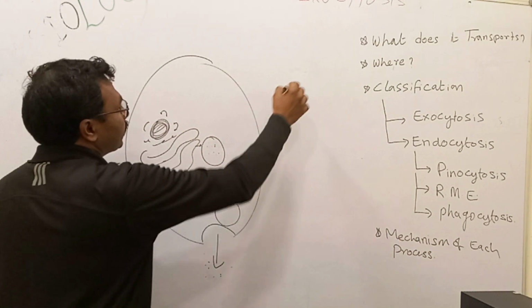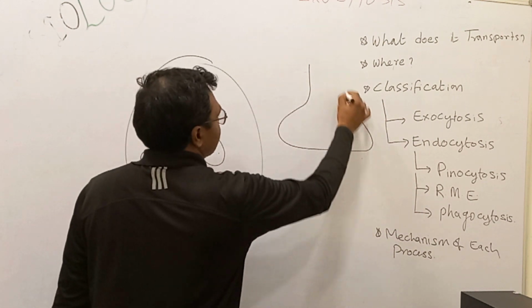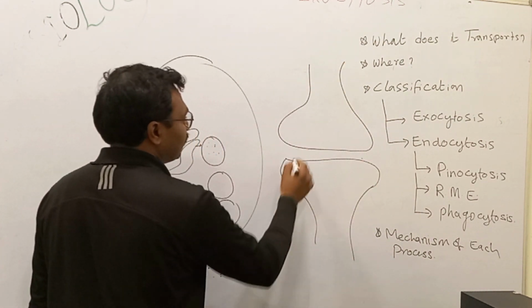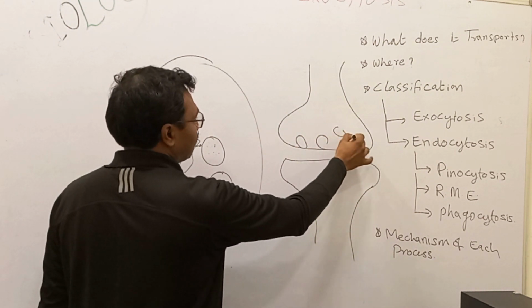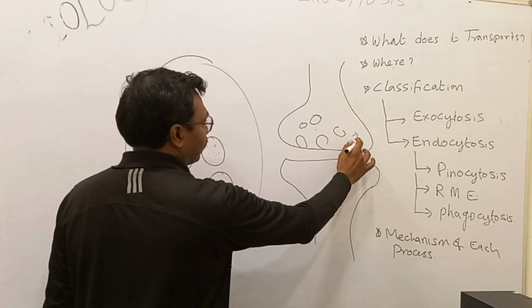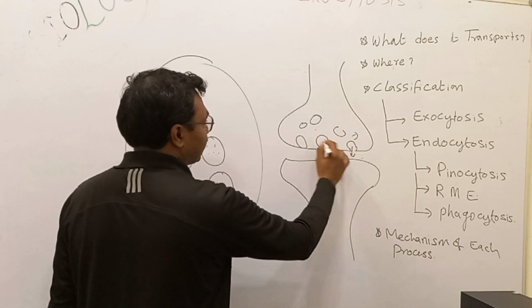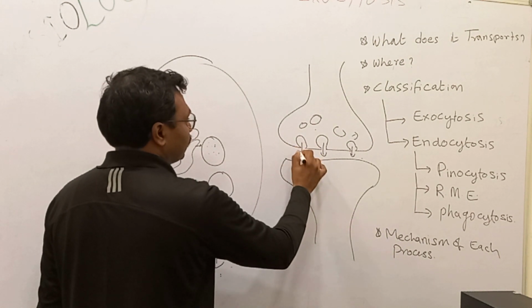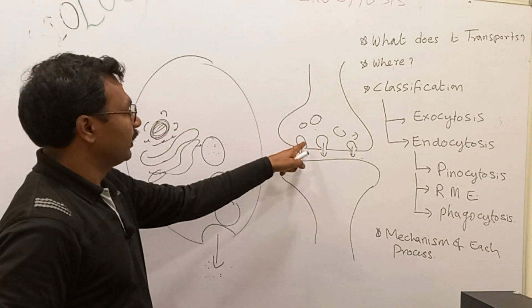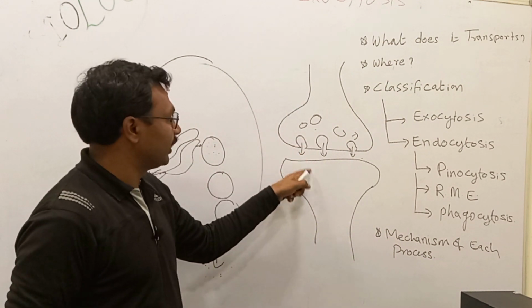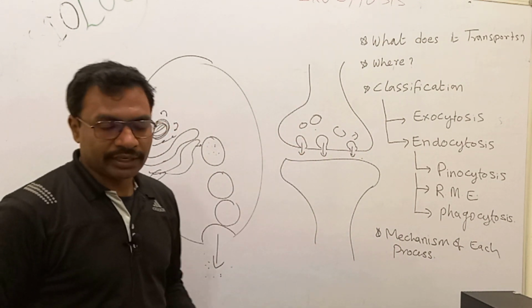And when you look at the neuronal cells, neurons communicate at the synapse, and we have a number of vesicles filled with neurotransmitters. Whenever an action potential hits the terminal of the presynaptic part of the neuron, it releases the chemical neurotransmitter into the cleft, and thereby it binds to the postsynaptic side.